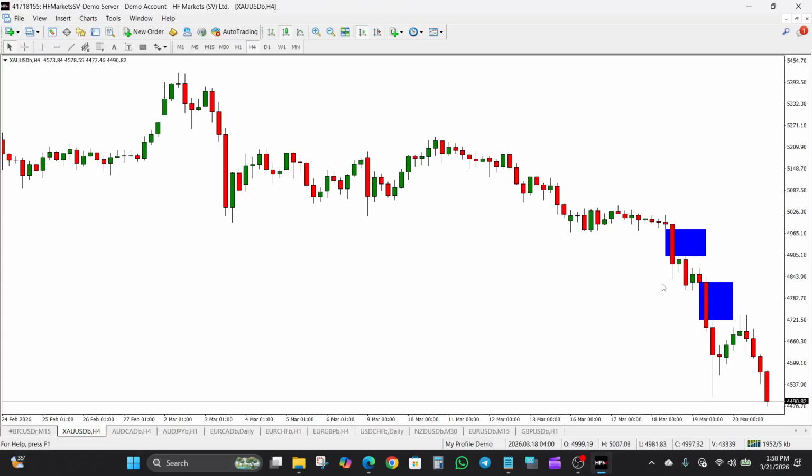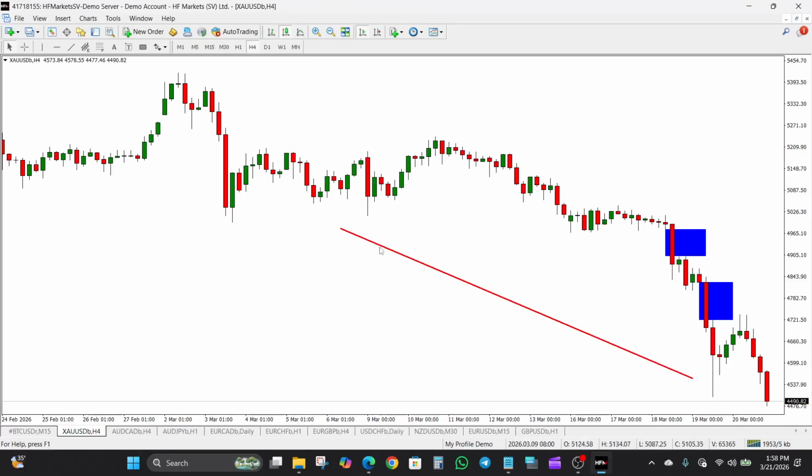So instead of entering at the very edge of the gap, some traders focus on the average level inside it for better precision. FVGs are often used in combination with trend direction and market structure.